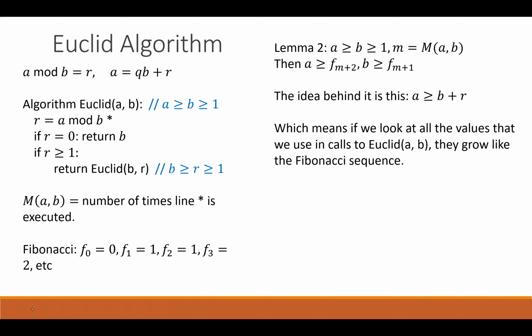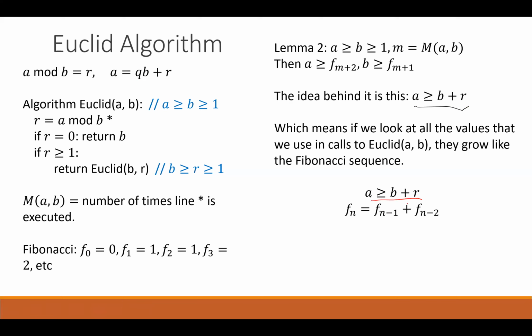Again, the idea is based on this linear equation because Q, we assume that A is greater than B, so Q must be at least 1 in this algorithm, which means that A is greater than or equal to B plus R. So it's like Fibonacci, right?